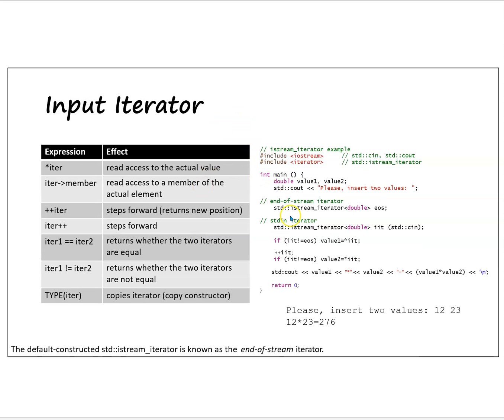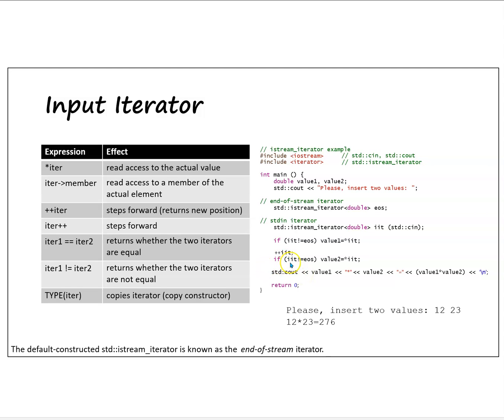An input iterator does something somewhat similar. Well, not really similar, but similar in the reverse direction. So we're going to get an end of stream iterator, and then a standard in iterator, and if our standard in iterator doesn't equal the end of stream, we're going to grab its value into value 1.